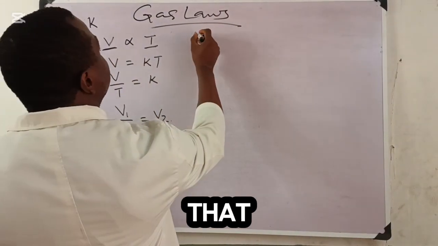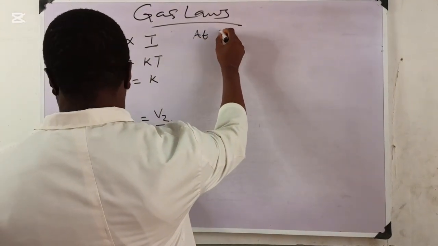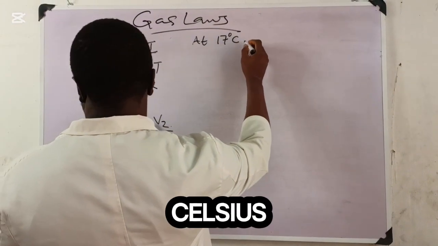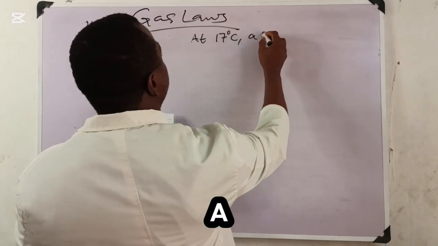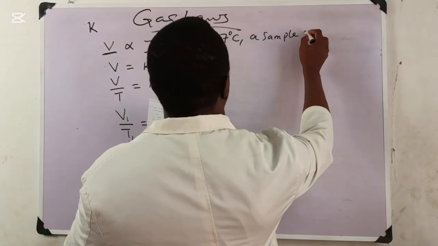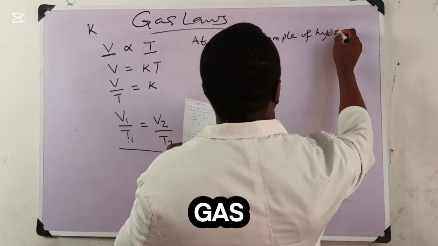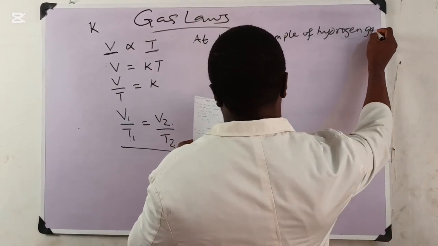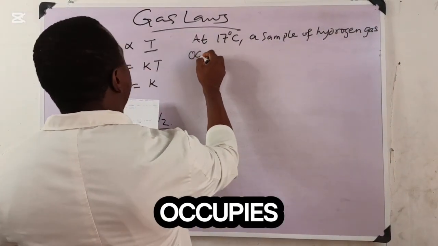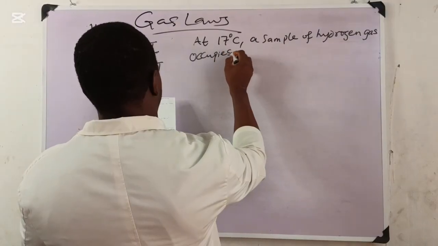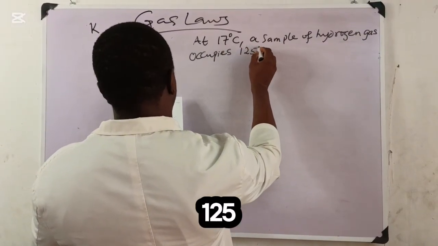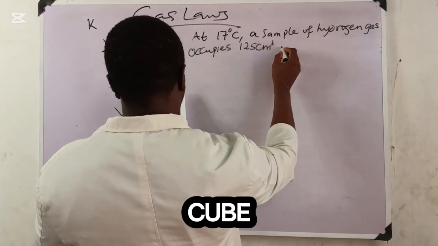The question says that at 17 degrees Celsius, a sample of hydrogen gas occupies 125 cm cube.